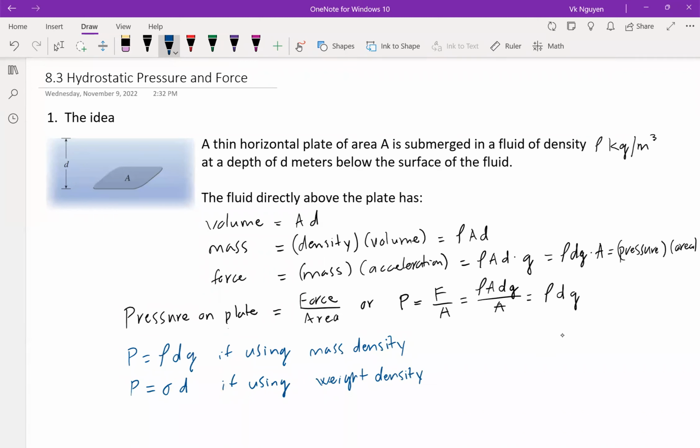Mass density is kilogram per cubic meter. Weight density is pound per cubic feet. Let's take a look at how we apply the hydrostatic pressure and force.